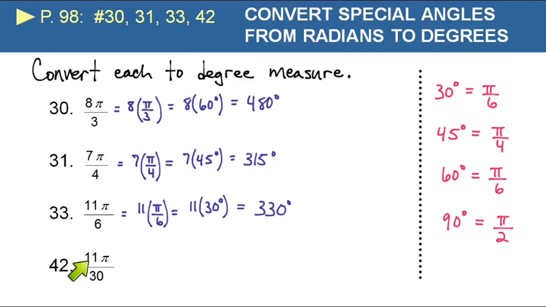And for 11 pi over 30, you know, 30 doesn't match any of my denominators over here, so in this case I would just go back to the old-fashioned conversion factor that I showed you in the beginning, and I would cancel out the pi's and multiply 11 times 180 divided by 30, and that would be 66.